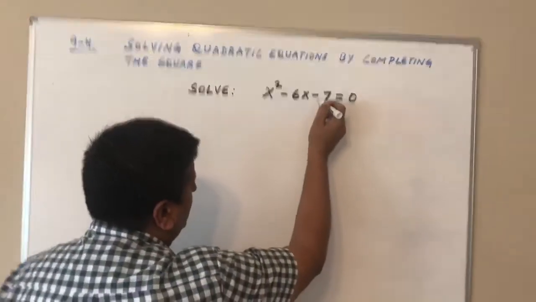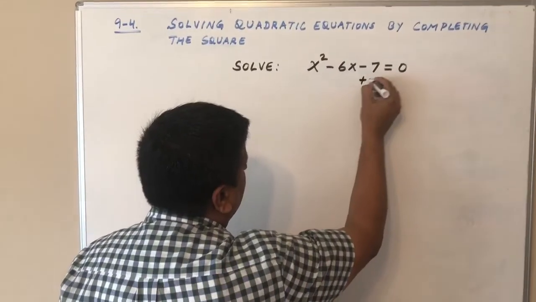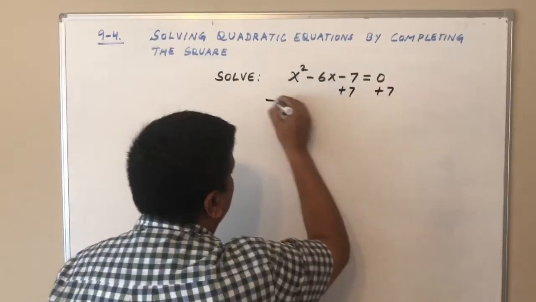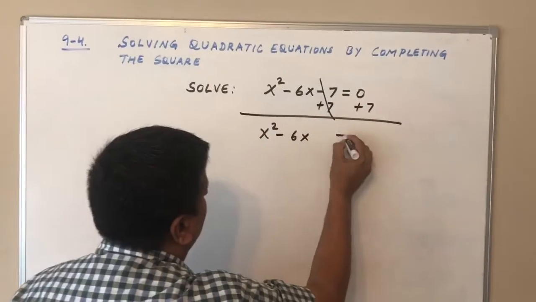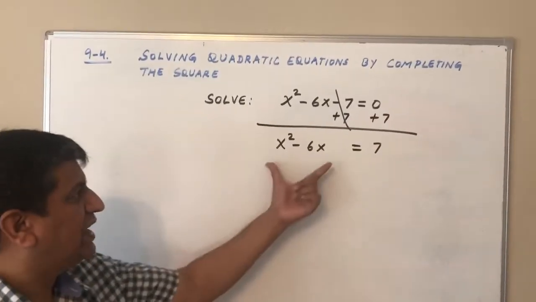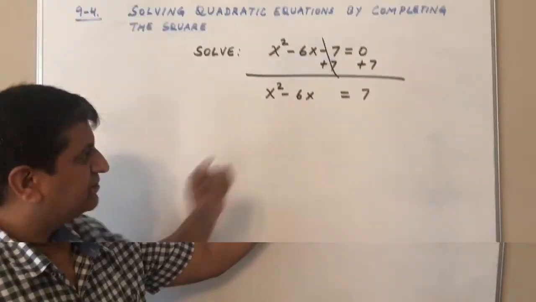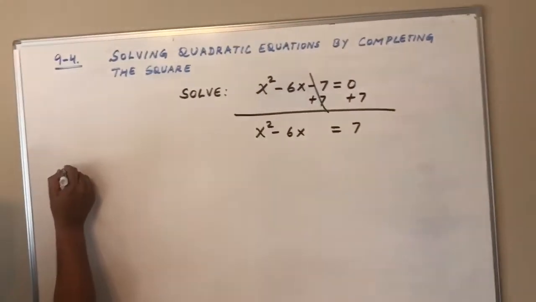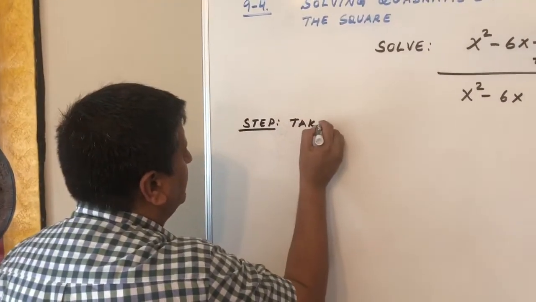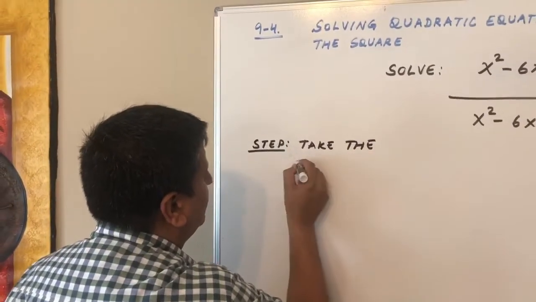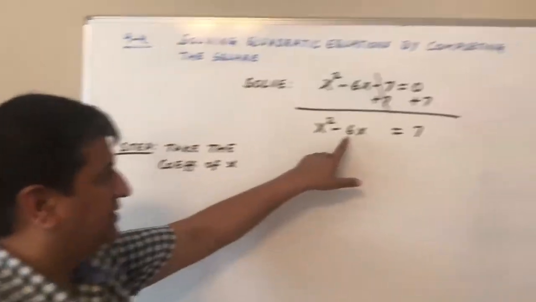The next step is you're going to make sure that this constant term goes on the other side of the equation. So we're going to just add 7 on both sides. Now we will try to make this left side into a perfect square trinomial. First step is to take the coefficient of x, which is -6.